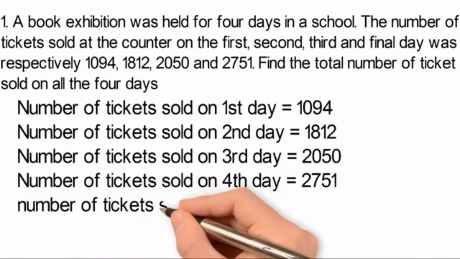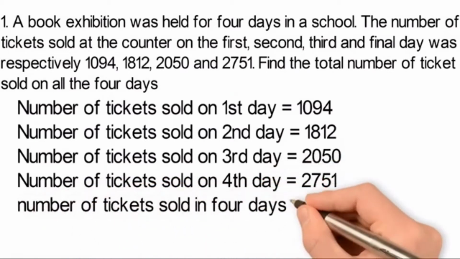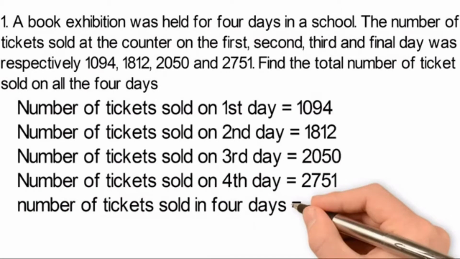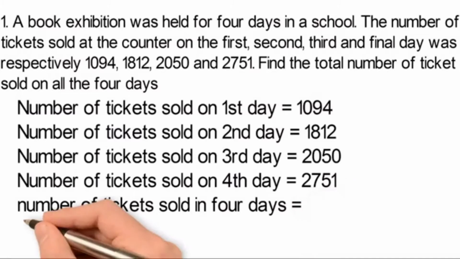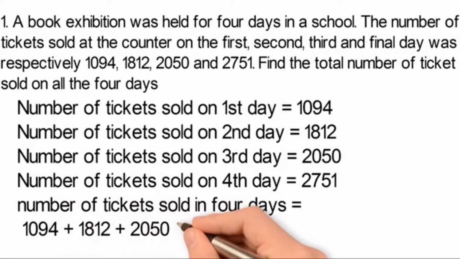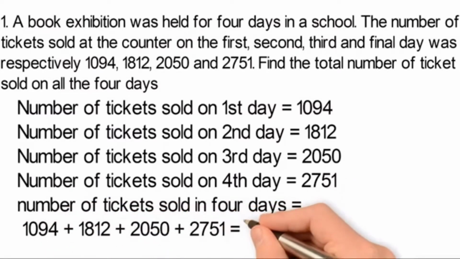So isn't it very easy to find the total number of tickets sold in all the 4 days? Total number of tickets is equal to, just add them up, 1094 plus 1812 plus 2050 plus 2751. What is the answer?